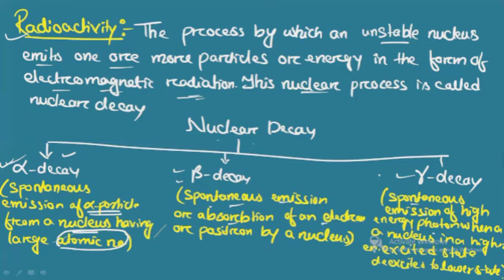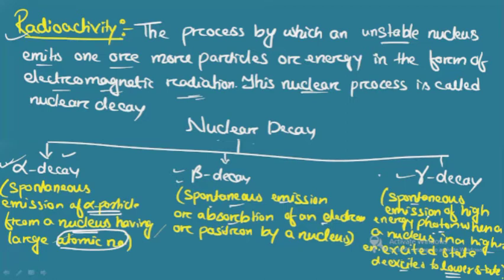When a nucleus in a higher energy state de-excites to the lower energy state, then the photons which have high energy undergo spontaneous emission. All right, and you will have the gamma decay.